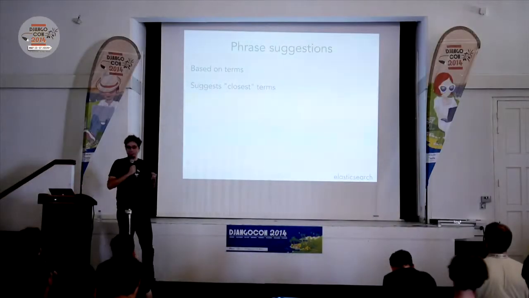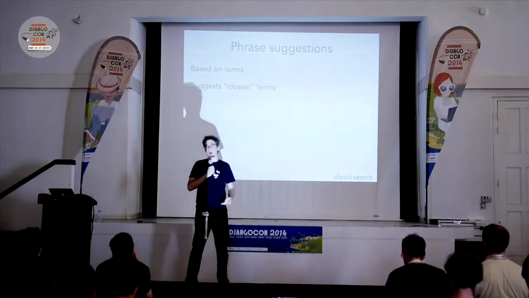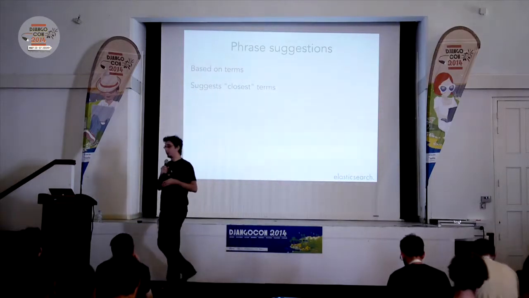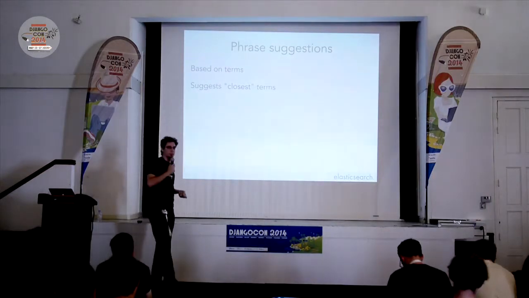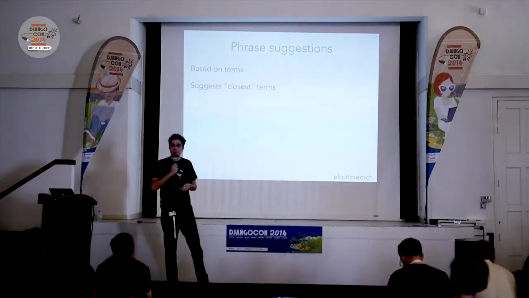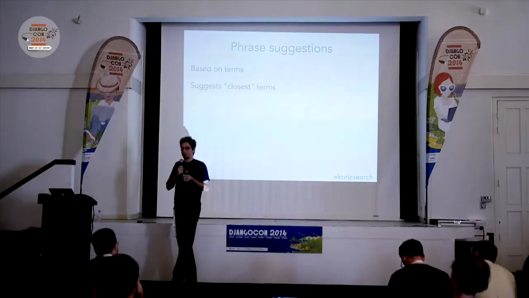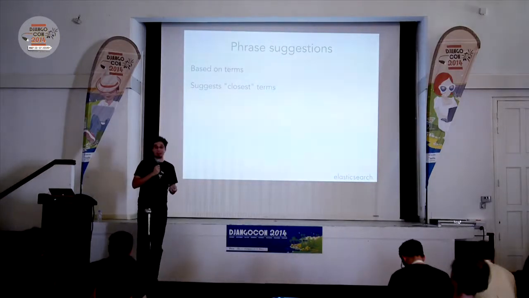Again, because we have all the information on the terms, we can suggest the closest terms that actually are in the data set. So again, something super simple. We can even do it based on phrases. For example, my other favorite example is if you search for Johnny Walker, it's a little bit tricky because Johnny in Johnny Walker is spelled with an IE, not with a Y at the end.